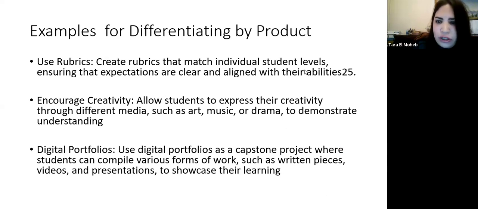We use rubrics. Create rubrics that match individual student levels. We have to match them with the levels, ensuring that expectations are clear and aligned with their abilities. What I mean by this is that students who are low-level students, we cannot compare them with the high-level achievers.